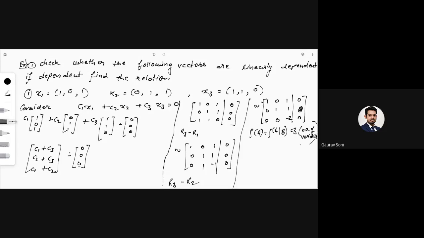So unique solution. Either you can rewrite or you can simply say that this is homogeneous. So the unique solution will be c1 equal to 0, c2 equal to 0, c3 equal to 0. So the vectors are independent.